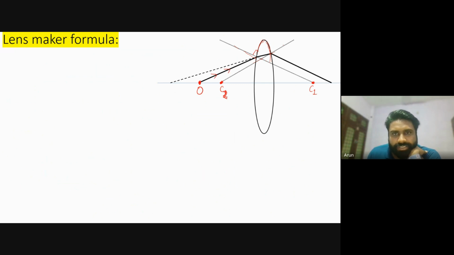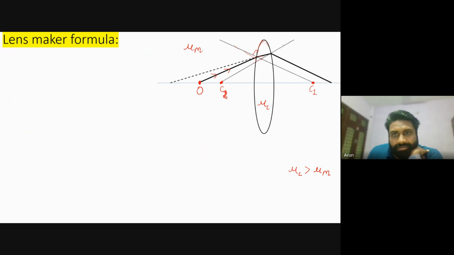Now, a ray is coming from this object going in this direction. After first refraction, it bends towards the normal. You can see if it is not bending, it will go in this direction. But since this glass surface has a refractive index of mu L and it is coming from a medium of refractive index mu M, mu L, the refractive index of the glass lens, is greater than the refractive index of the medium in which the object is placed.